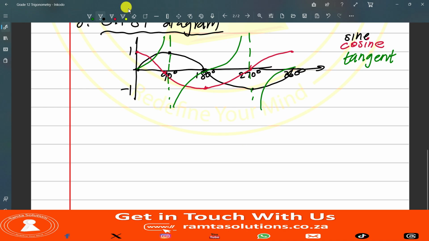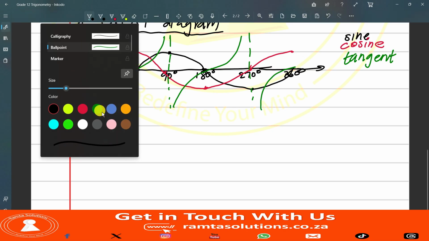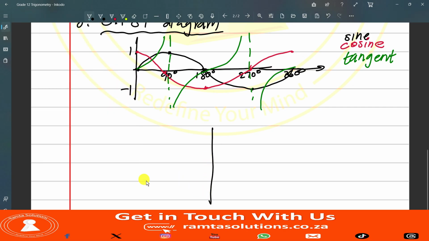So your cast diagram is coming from this information here. Let's say this is X, this is Y. Now let's start.